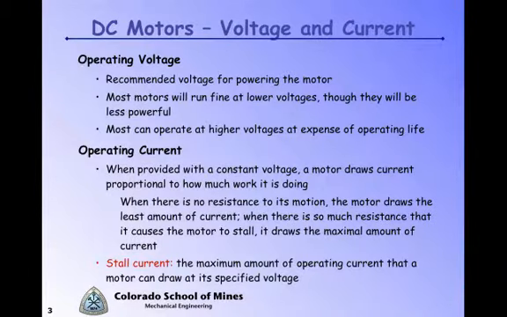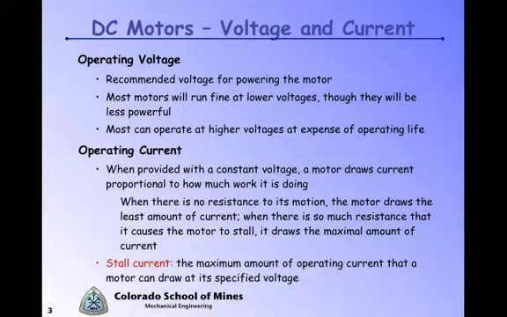Okay. A couple of comments about voltage and current. So DC motors are expressed in terms of their recommended voltage. So you'll find 3-volt motors, 6-volt motors, 12-volt motors, 40-volt motors, etc. And they are designed to operate with those particular voltages.